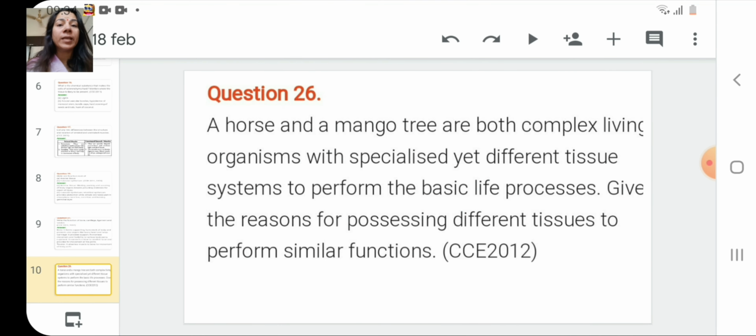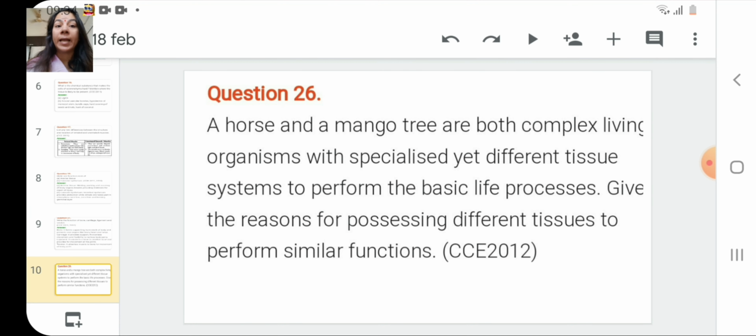Now the next question is quite lengthy, so please focus more on the question's language. The question says, a horse and a mango tree are both complex living organisms with specialized yet different tissue systems to perform the basic life processes.